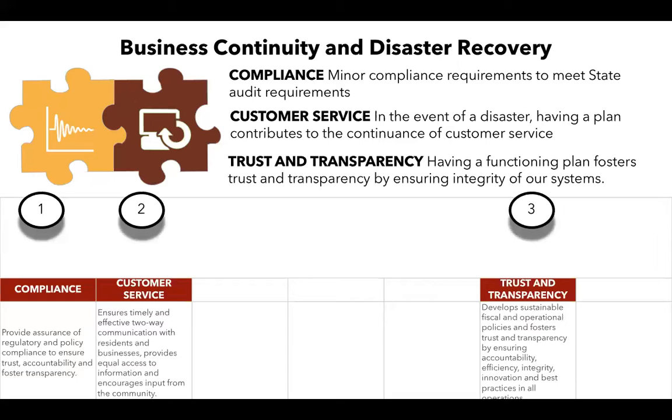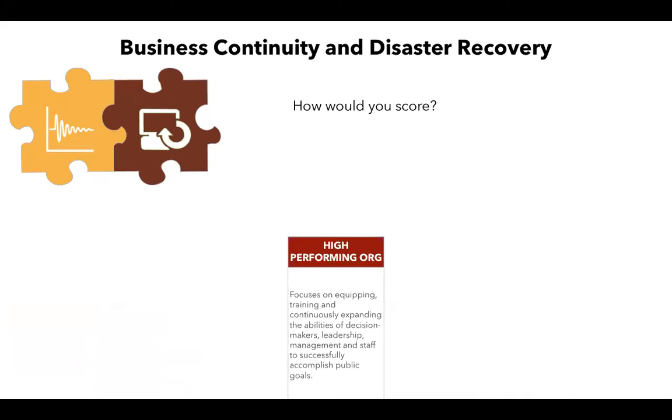There are 4 other areas, and we're going to look at high-performing org. Based on business continuity and disaster recovery and the program description, high-performing org is the result area we're talking about. How would you score this particular program against this particular result?